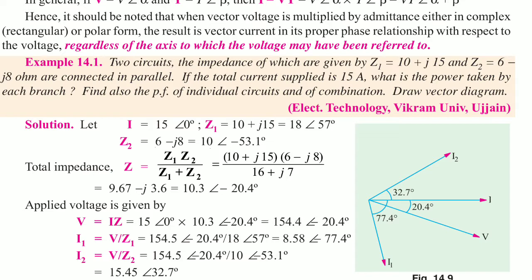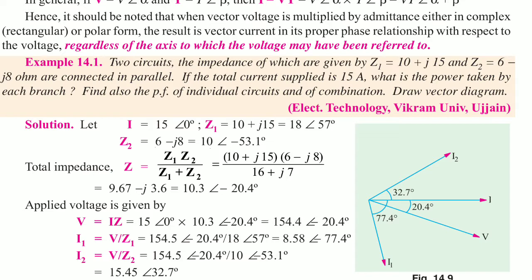Now branch 2, the second branch impedance Z2, is equal to 6 minus J8.